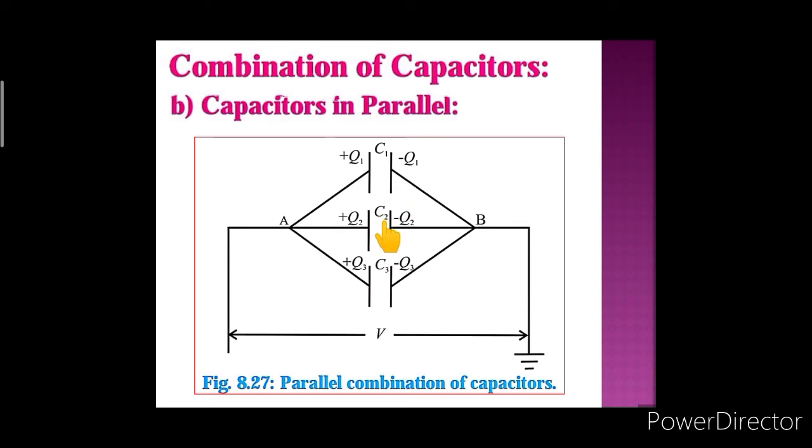Then the second capacitor, having capacitance C2, has its first plate, which is connected to point A, acquiring plus Q2 charge, and the second plate, which is connected to point B, having minus Q2 charge.